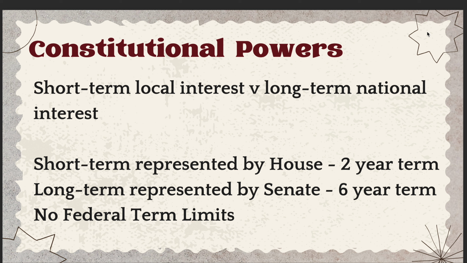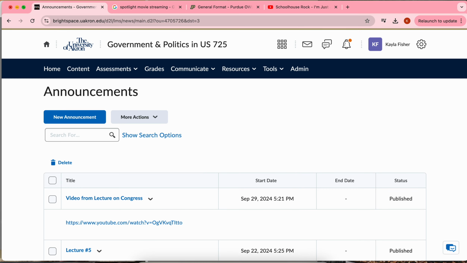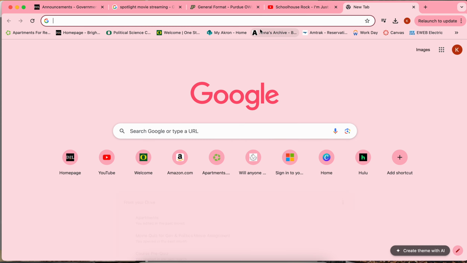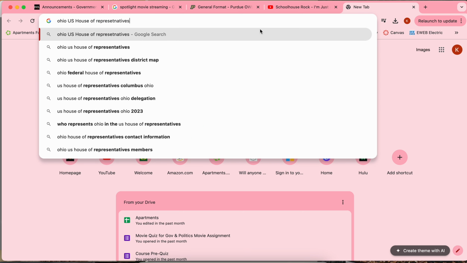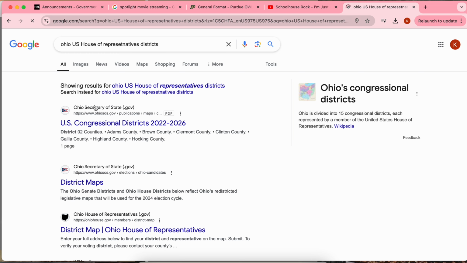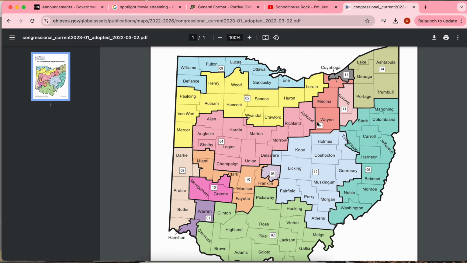This is balanced by having a short-term interest and a long-term interest. The short term is obviously represented by our House because they have 2-year terms and they have smaller localities. What would be helpful, I bet, for you guys is to look at this. Right.